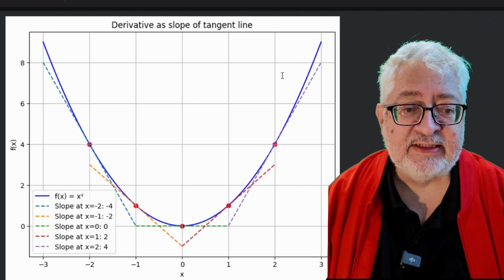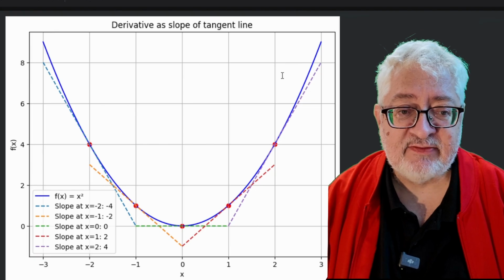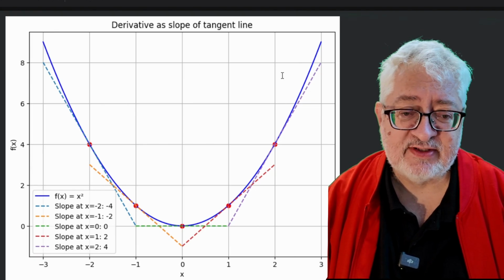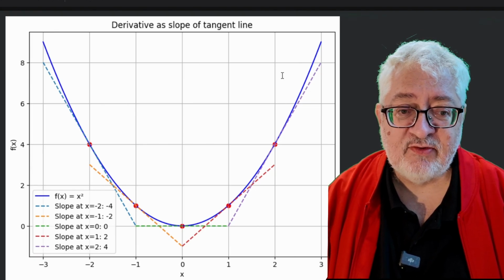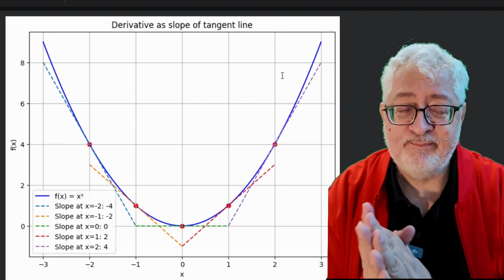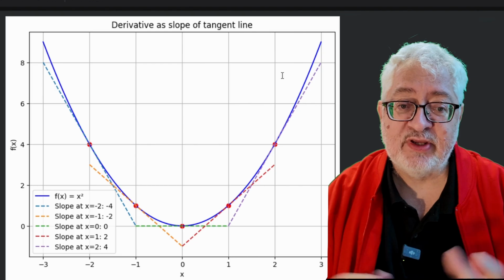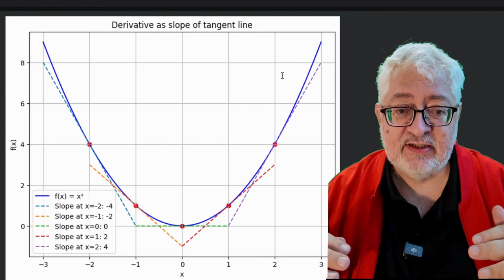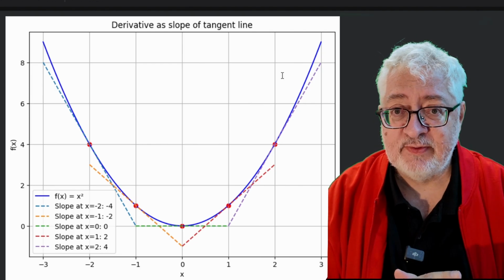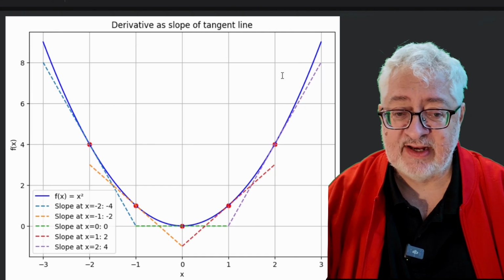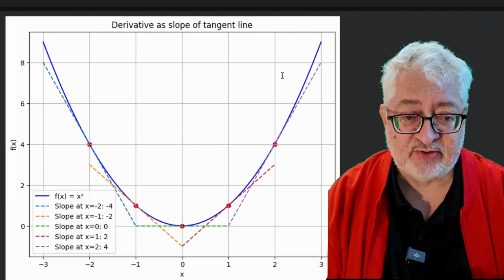And now you see that at different points of the function, which are these red dots, you have a different slope. The function is sloping in a different way, so that when you are at the bottom of it, there is no slope at all, right? The slope is horizontal, it's just a horizontal line. This is the green line at the bottom, right?